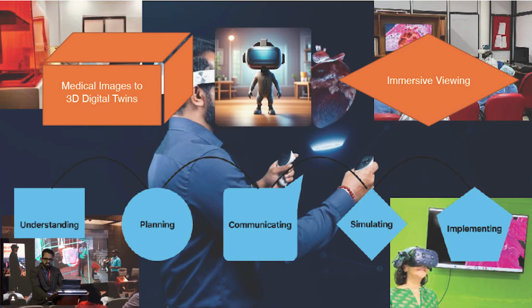I think yes. Because in virtual reality, what you can potentially do is take the medical scan images, which is the volumetric imaging in the form of CT or MRI, convert them into digital twins, and use them for immersive viewing that could greatly enhance your understanding, your planning, and your ability to communicate, simulate, and implement digitally planned surgical steps.